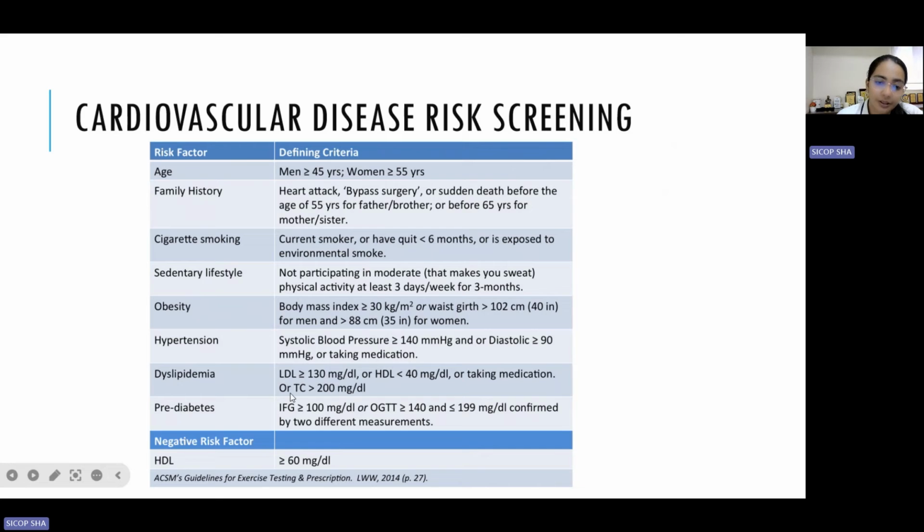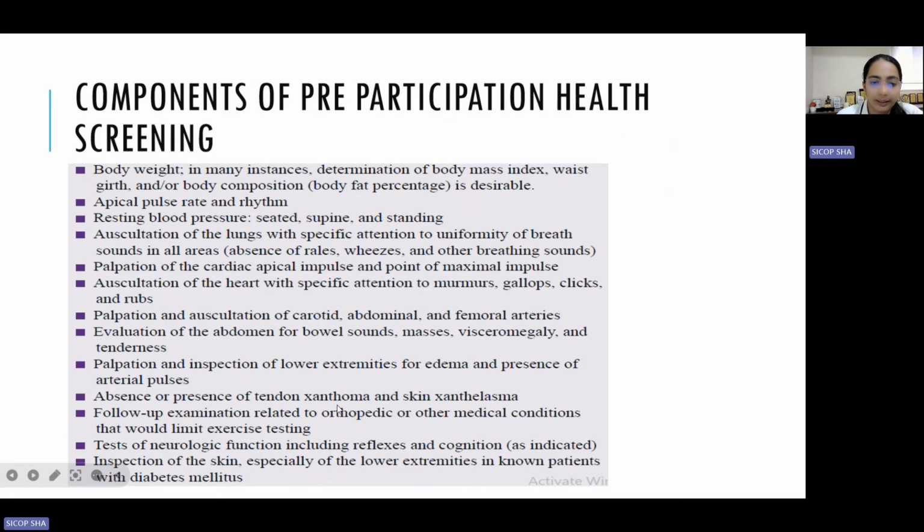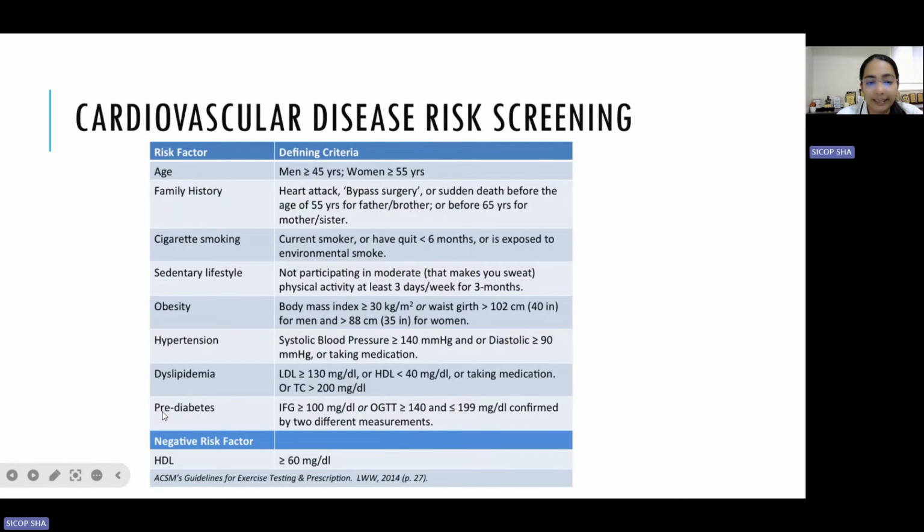Or taking medication, or TC, total cholesterol, more than 200 mg per dl. And if the patient is pre-diabetic: IFG more than 100 mg per dl, or OGTT, which is oral glucose tolerance testing, more than 140 and less than 199 mg per dl, confirmed by two measurements.